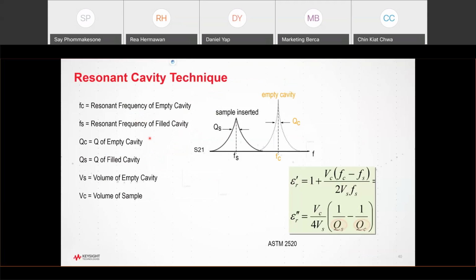The basic concept of this particular method is that it does not require any type of calibration, which is much easier compared to the transmission line and the free space, because those two methods require a calibration, which in some cases requires additional hardware like a calibration kit.